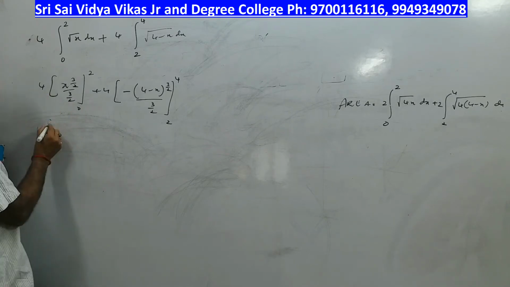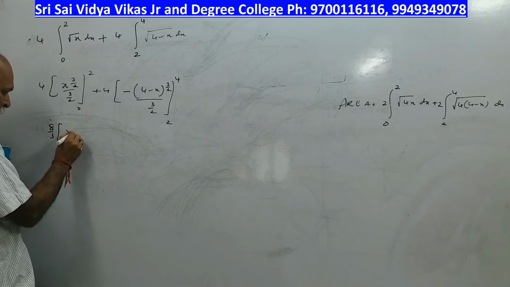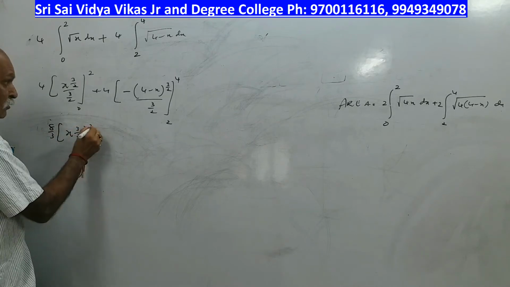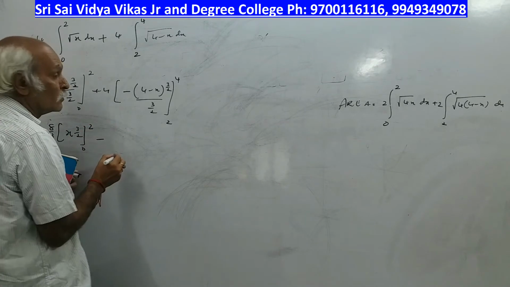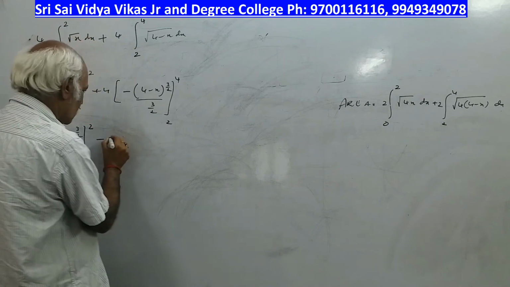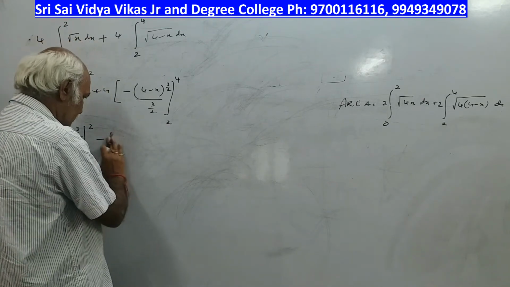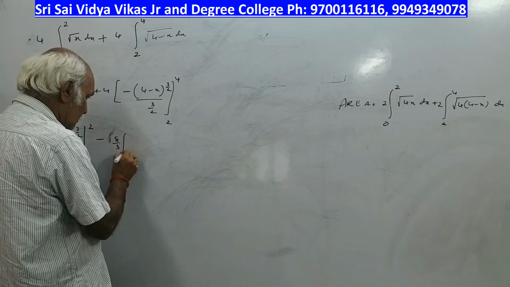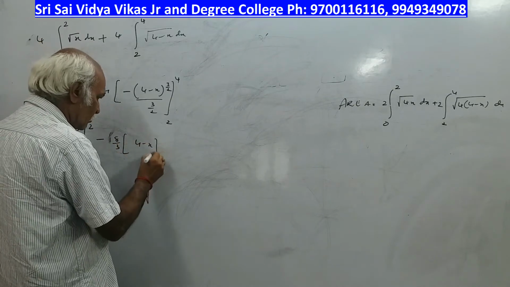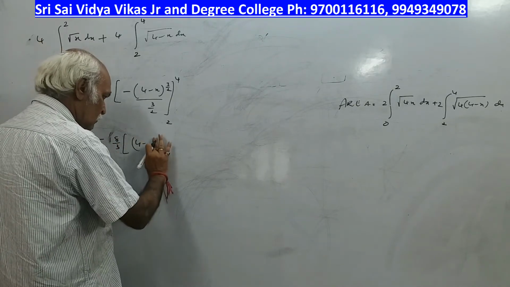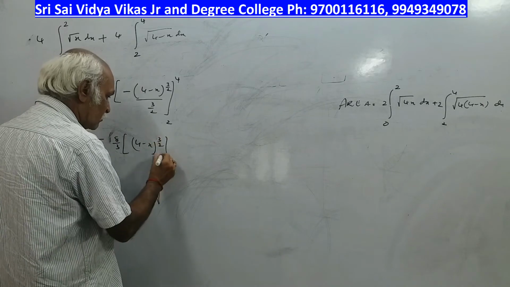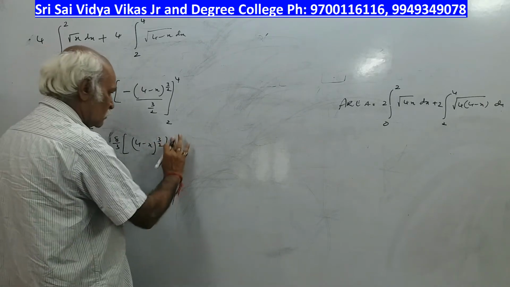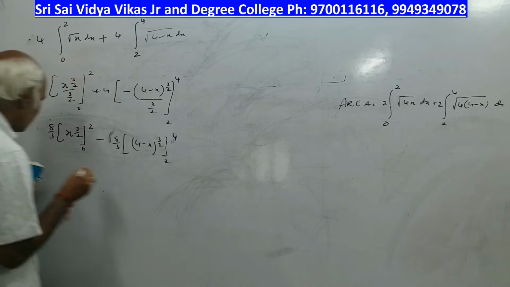this 2 by 3 will become 8 by 3, 0 to 2. So minus 4, 8 by 3, 4 minus x whole raised to 3 by 2, 2 to 4. Right? Observe here.